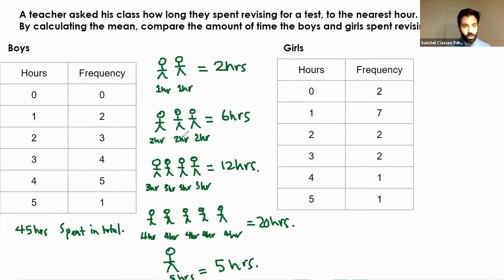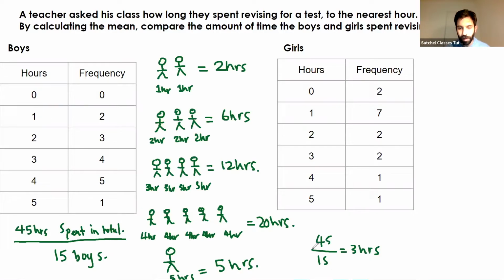Well, the total number of students were 1, 2, 3, 4, 5, 6, 7, 8, 9, 10, 11, 12, 13, 14, 15. So that's 45 hours spent between 15 boys. So the mean number of hours spent revising is going to be 45 divided by 15, which will give us a mean of 3 hours.